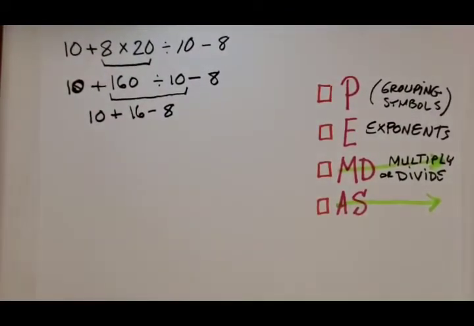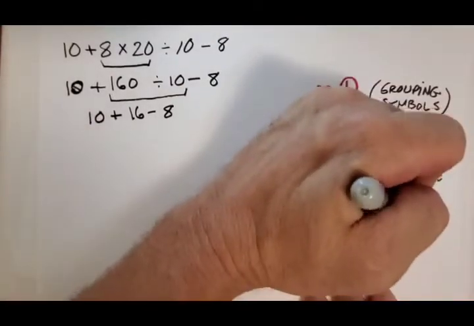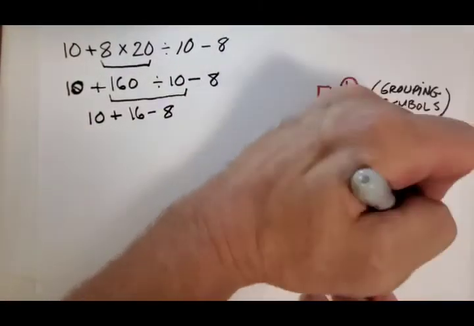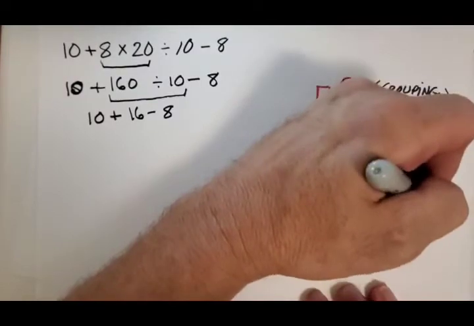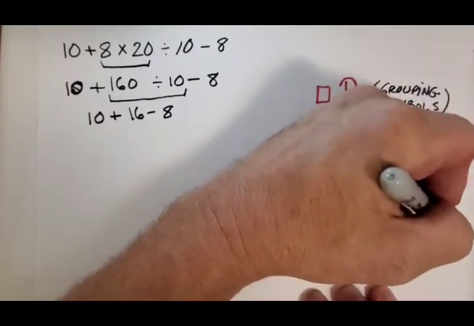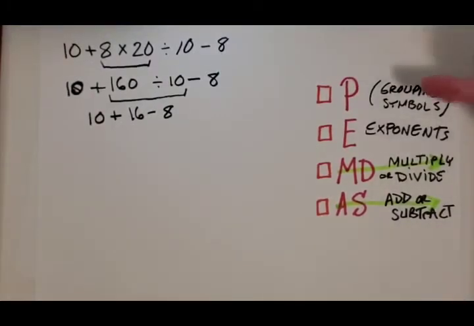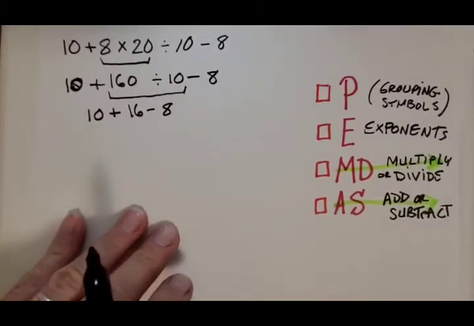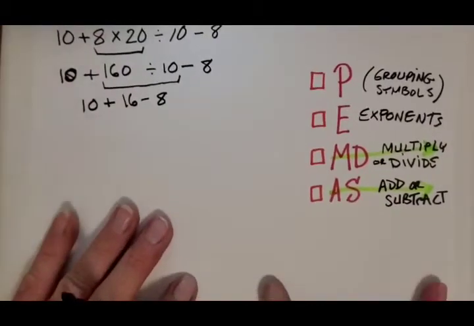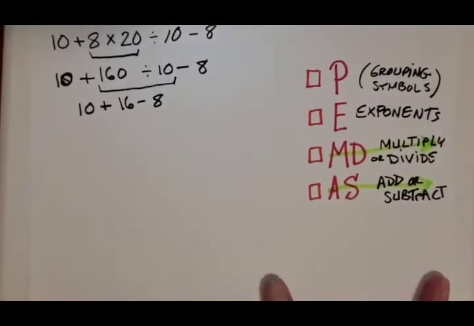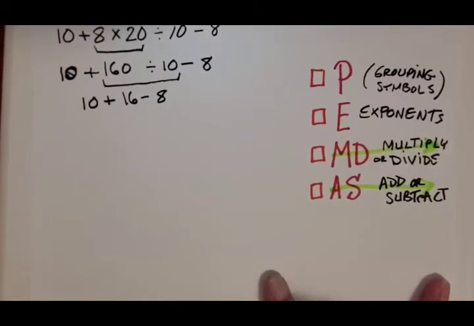And the order in which they are completed is just like the multiplication and division: left to right. That's why I kind of like to write PEMDAS like this. A lot of kids for some reason think the multiplication comes before division or addition comes before subtraction. No, it doesn't. So that's the one drawback to PEMDAS.